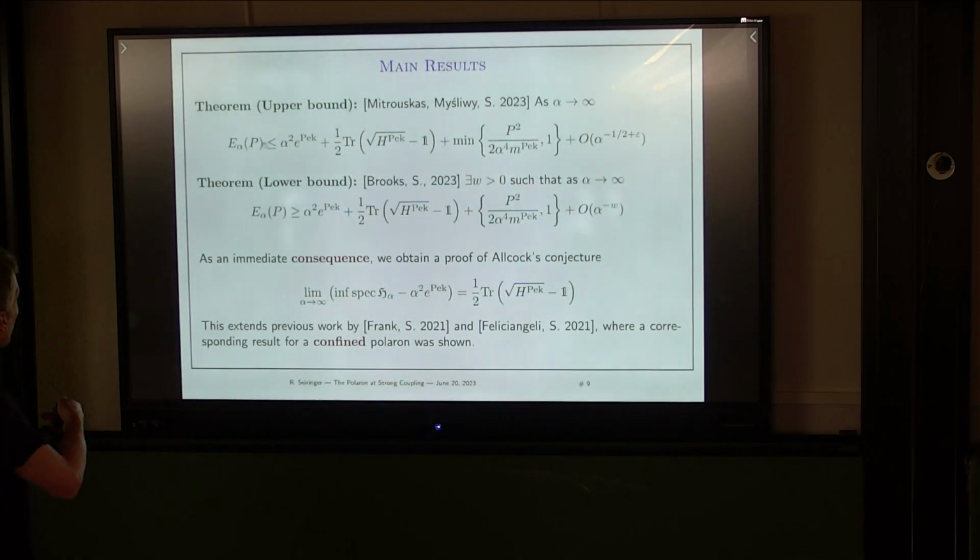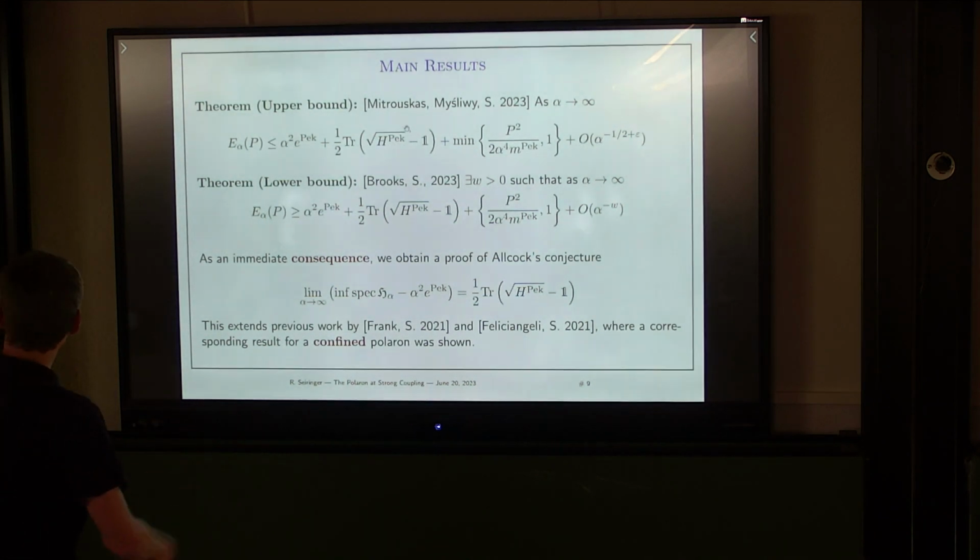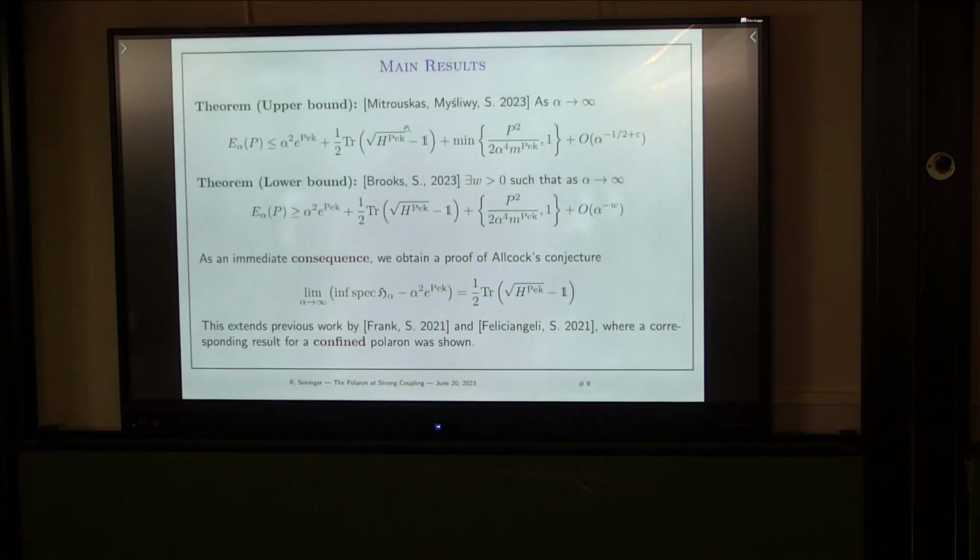So here it is again. If we look at the ground state energy of the Fröhlich model at fixed momentum p, then we get as an upper bound the classical expression alpha squared times the Pekar energy, the order 1 quantum correction from the quantum fluctuations, and then we get exactly this curve that I drew here.